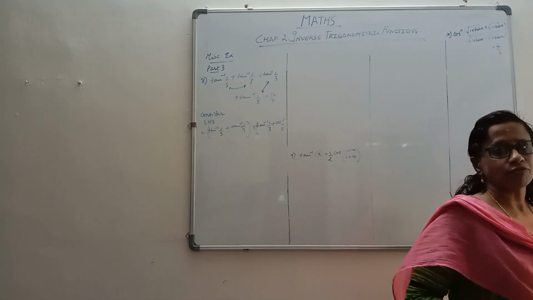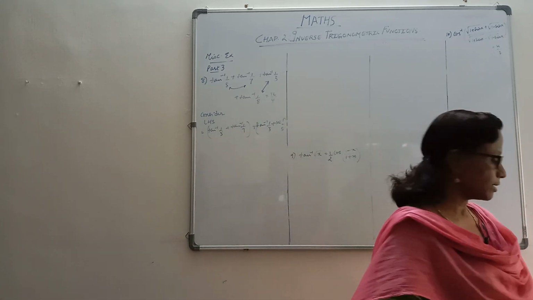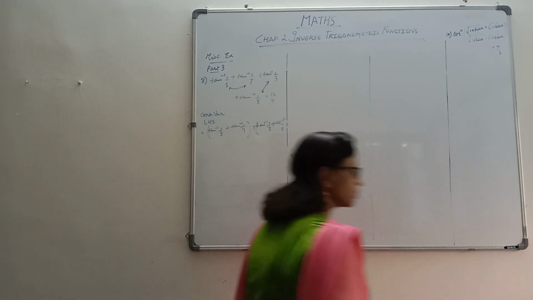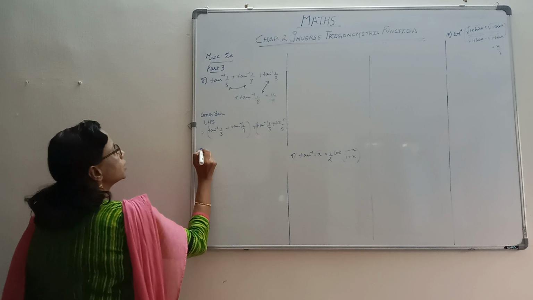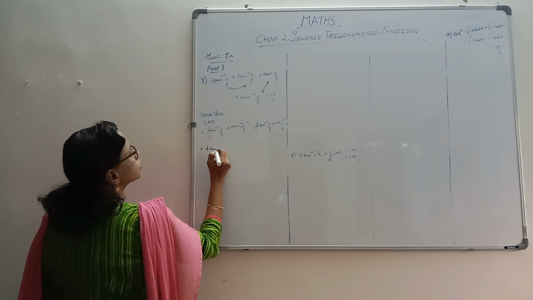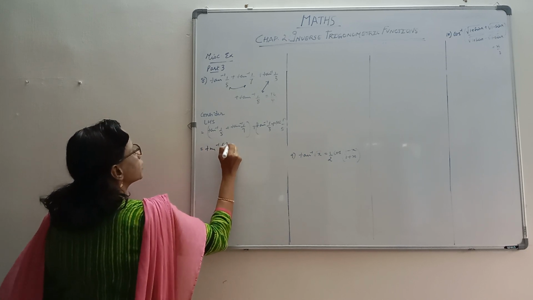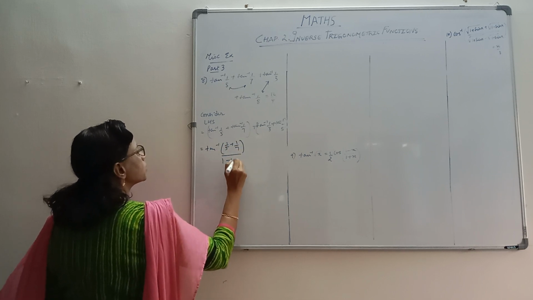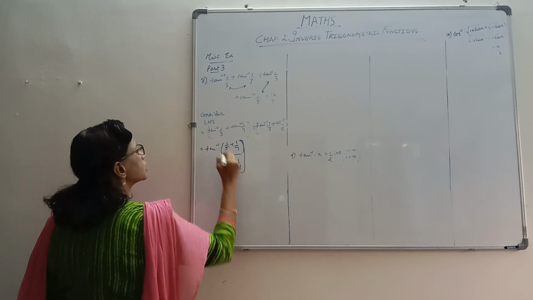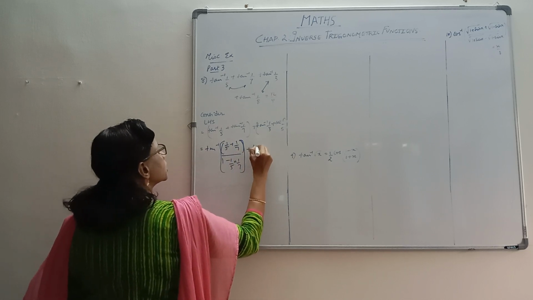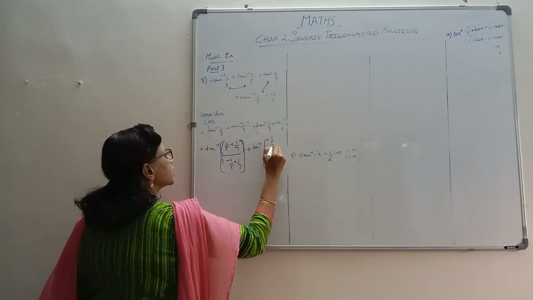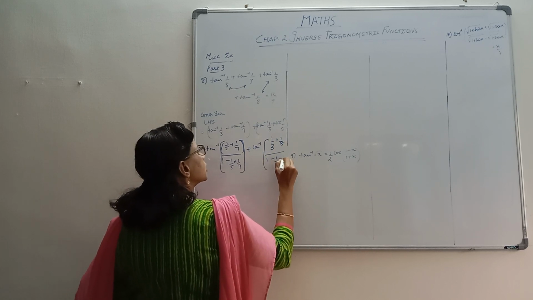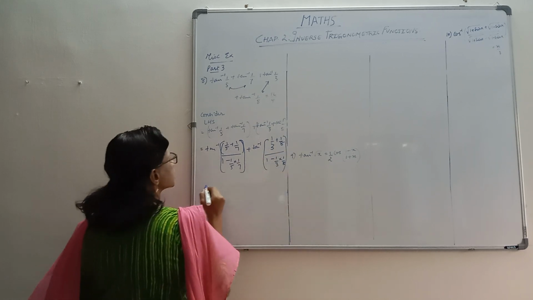Applying that formula, we get tan inverse of (1 by 5 plus 1 by 7) by (1 minus 1 by 5 into 1 by 7), and tan inverse of (1 by 3 plus 1 by 8) by (1 minus 1 by 3 into 1 by 8). Now let's see how this is coming.